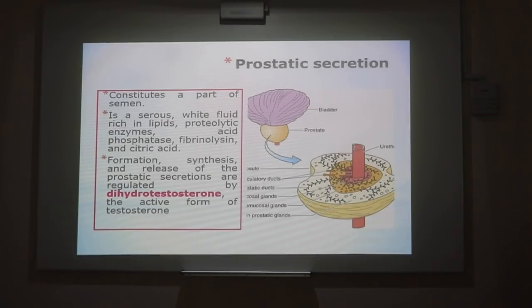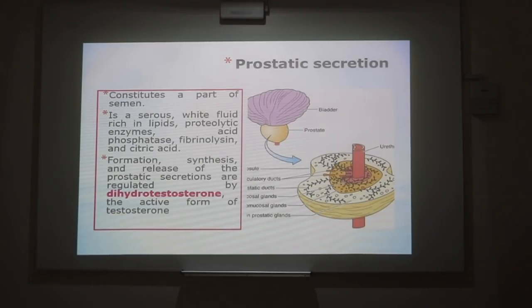So in normal prostate, you would have secretion of the prostate specific antigen within the lumen of the prostatic gland. But when you would have inflammation of the prostate or neoplasm of the prostate, this prostate specific antigen would get out from the epithelium and will get into the blood circulation.